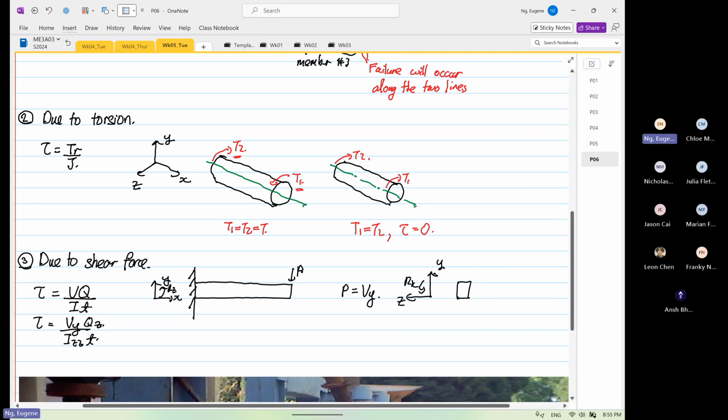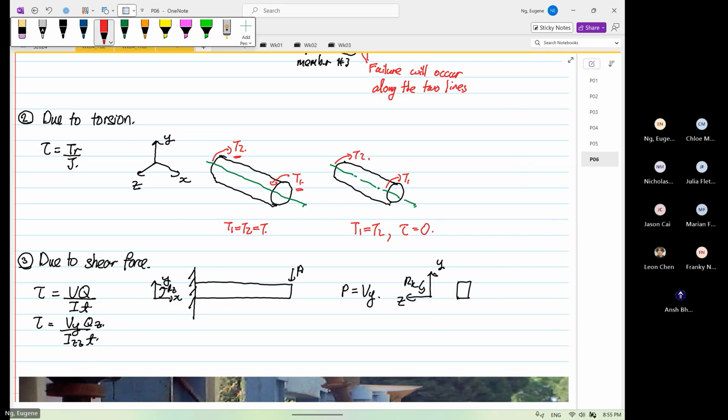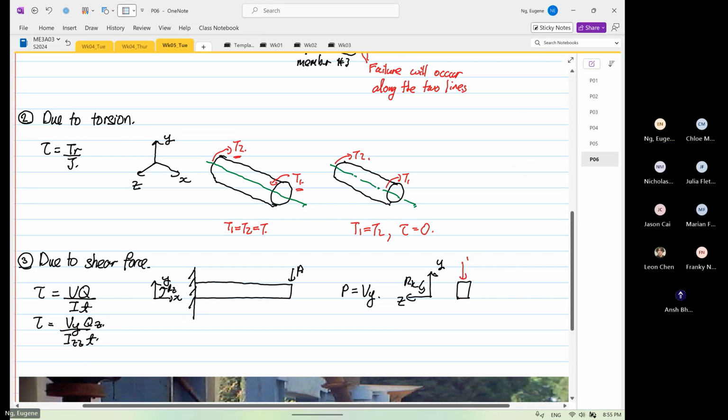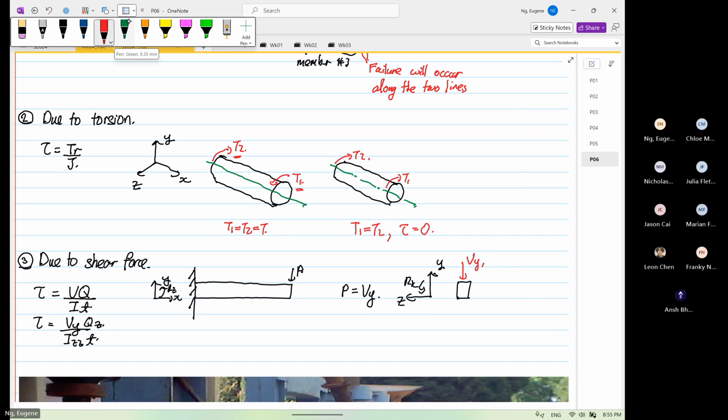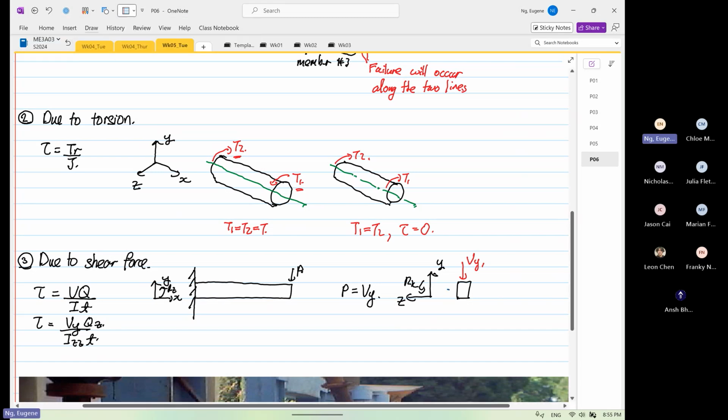So we know that this is your Vy, and this axis over here is your z axis, sorry. So when your Vy is coming in perpendicular, you use your Vz. Okay, I'm going to stop here.